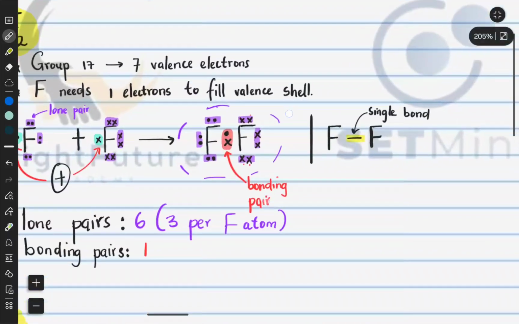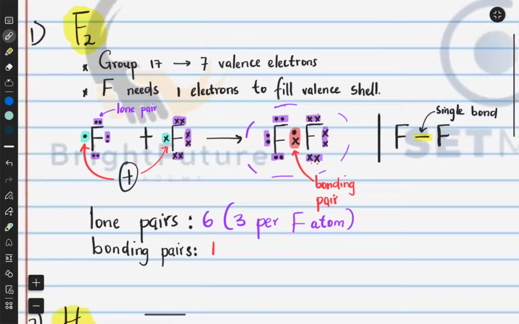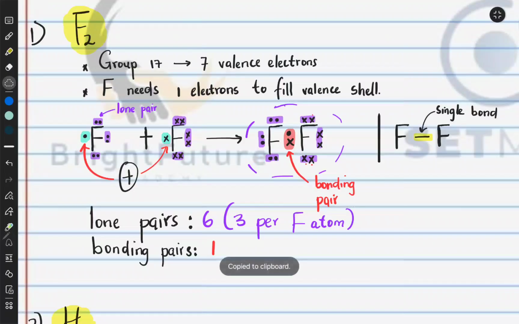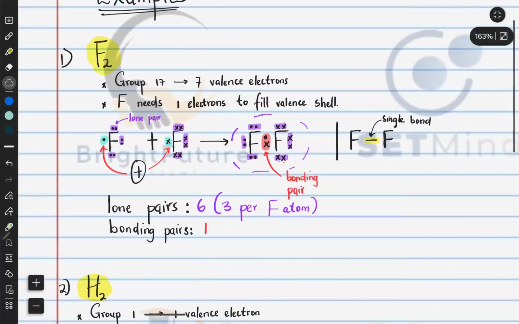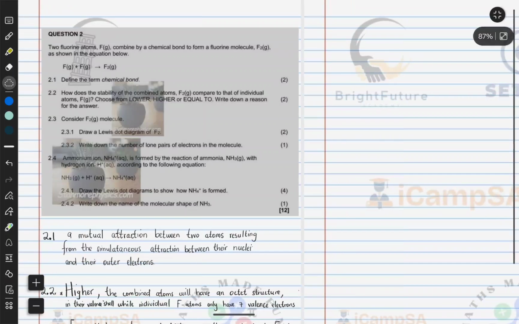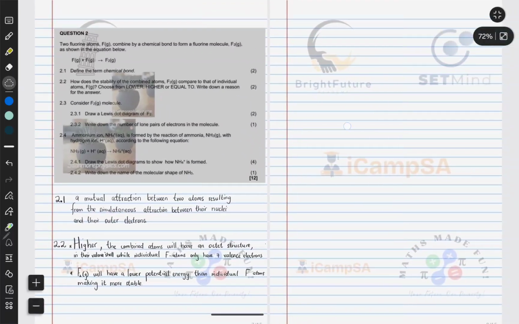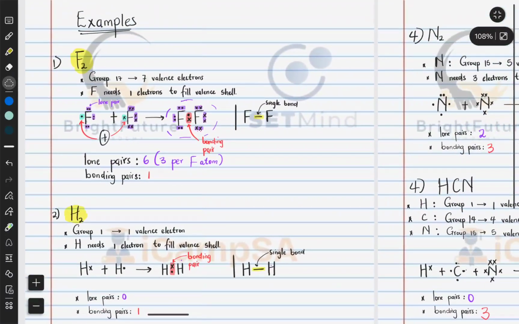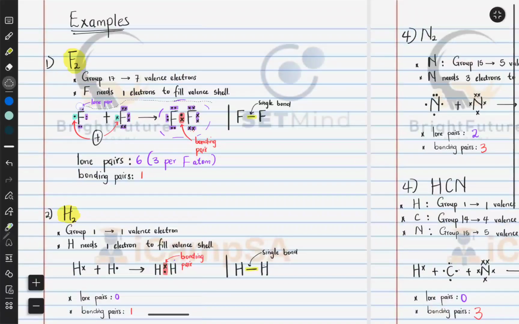So yes, we can draw it. We can just take this. Since we were not asked for the whole reaction, we can just draw the Lewis dot diagram. But to be safe, you are welcome to draw the whole thing.